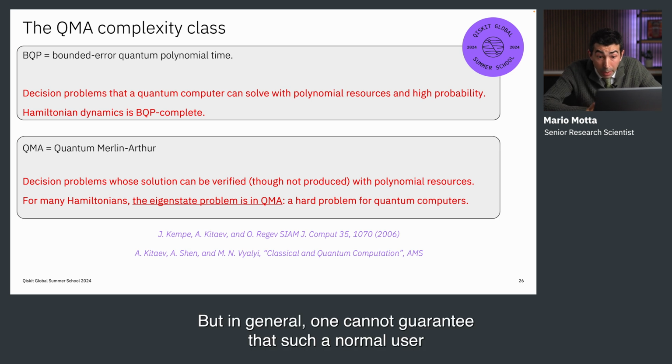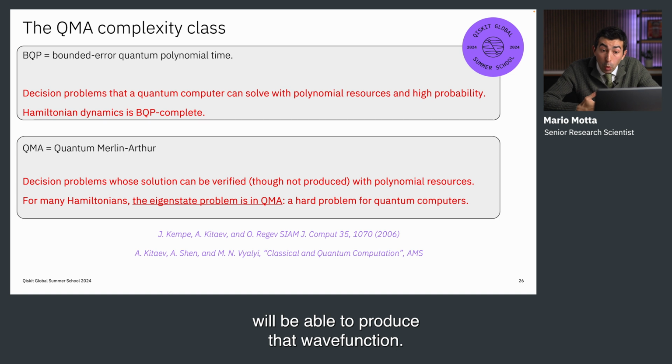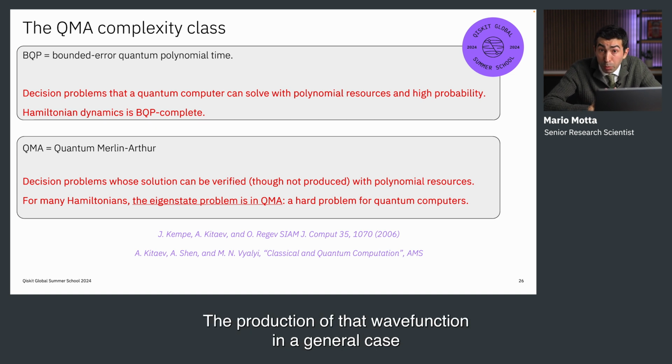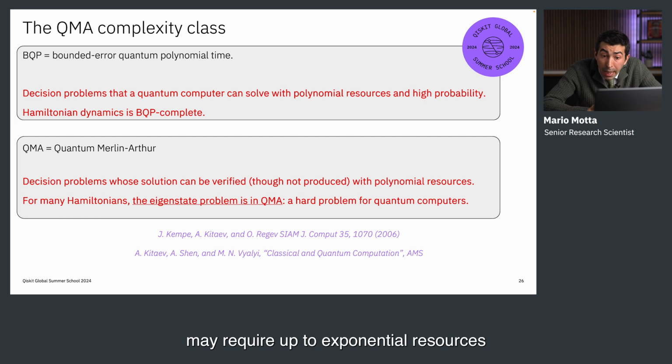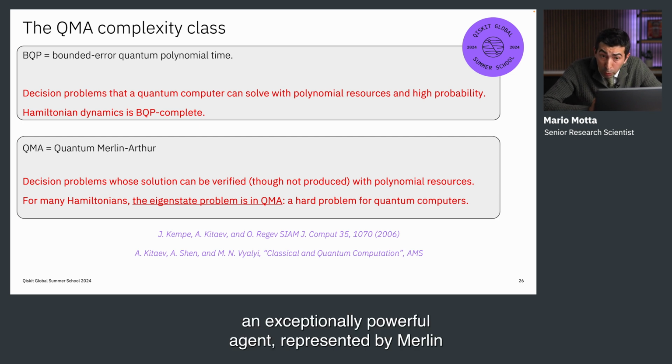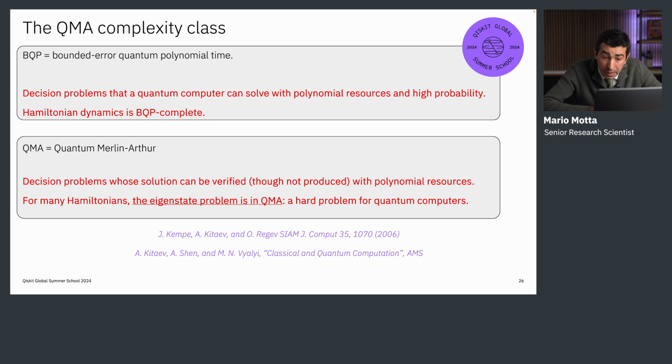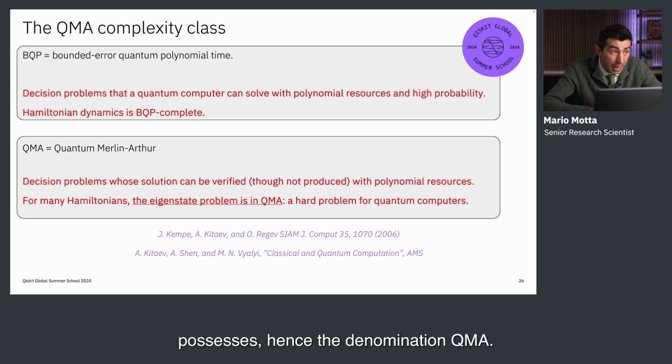But in general, one cannot guarantee that such a normal user will be able to produce that wave function. The production of that wave function, in a general case, may require up to exponential resources that only an exceptionally powerful agent, represented by Merlin, possesses, hence the denomination QMA.